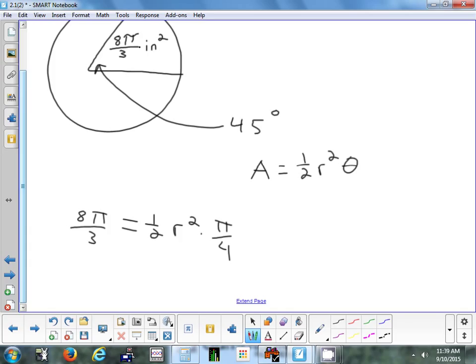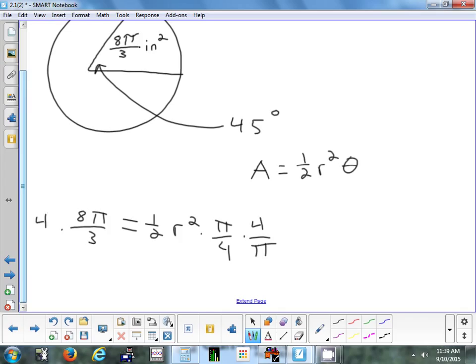What's one thing I could do to try to start to move some of this stuff to the other side? Yeah, I could multiply each side by something. Wouldn't it be 4 over pi? Yep, you could start with that. Multiply each side by 4 over pi.